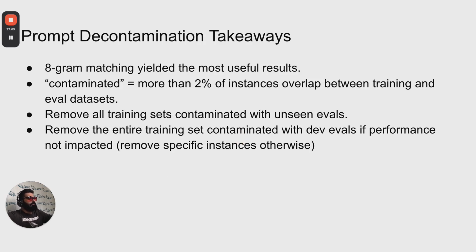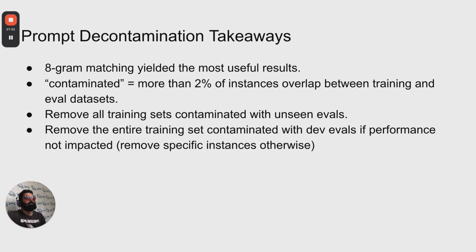All right, now looking at prompt decontamination. Again, they're trying to make sure that they don't cheat and they get real generalization results. They found that 8-gram matching yielded the most useful results, meaning any sequence of tokens where 8 tokens match. What does it mean that a dataset is contaminated? It means it contains more than 2% overlap between training and eval datasets.